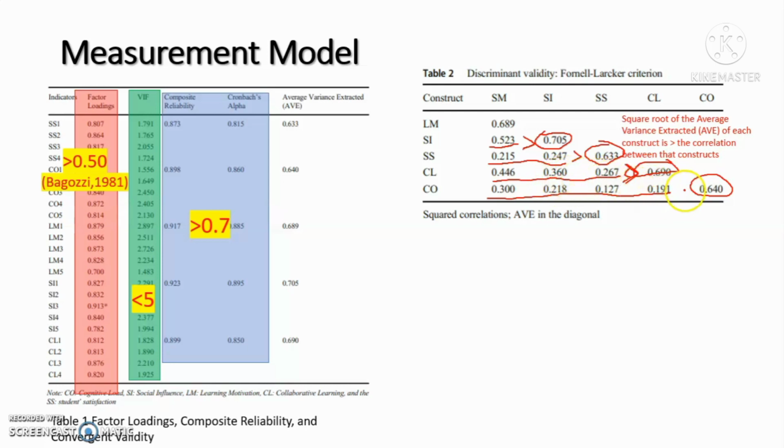We find out that 0.64 is bigger than 0.19, 0.12, and 0.26, and 0.3. So it means that this measurement model is valid.